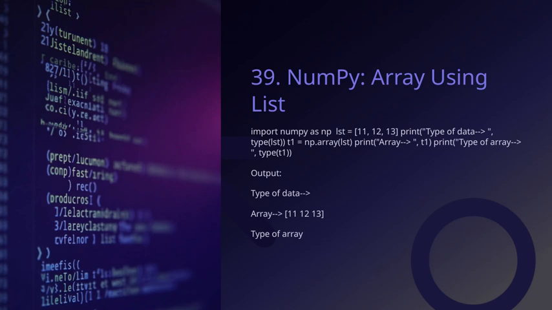This is the NumPy array structure. Finally, we check the type of t1, and it shows as a NumPy ndarray. This distinction is important because NumPy arrays support a wide range of mathematical operations and are optimized for numerical computations, which makes them essential in data analysis and scientific computing.